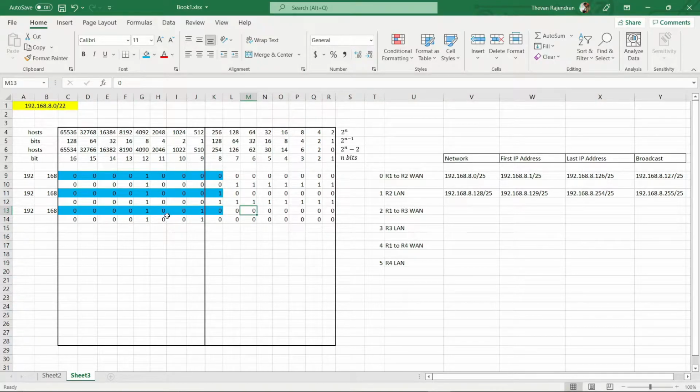And the network will be 192.168.8 plus 1, that will be 9. So for the broadcast IP address, we will be adding the 1 after the highlighted places. And it goes the first and last IP address.